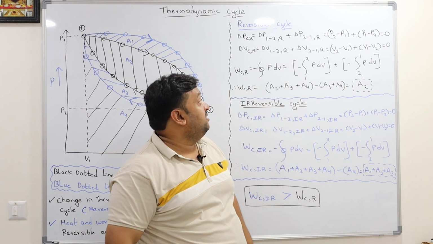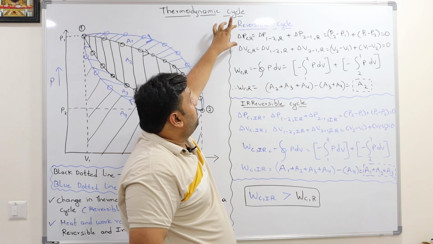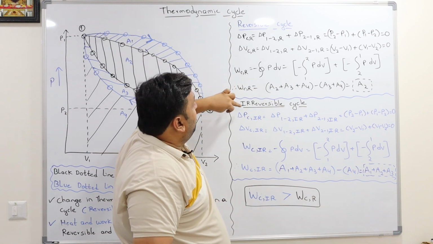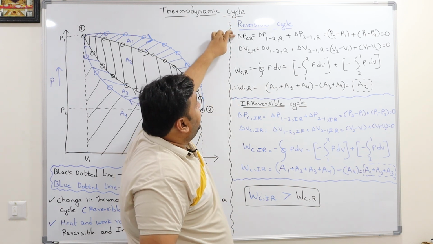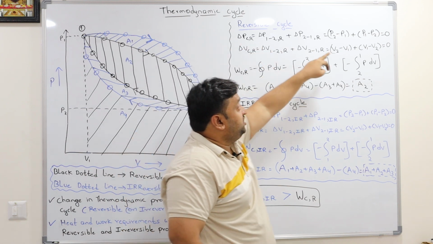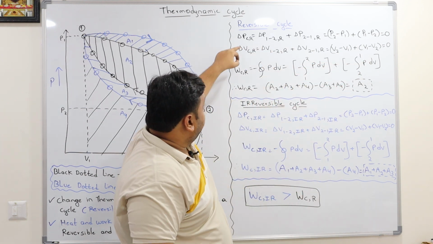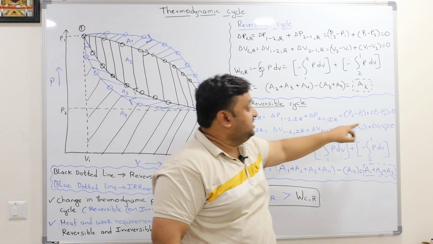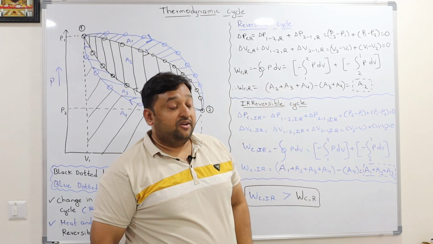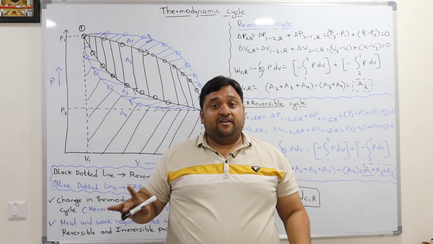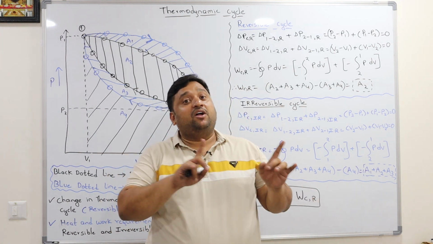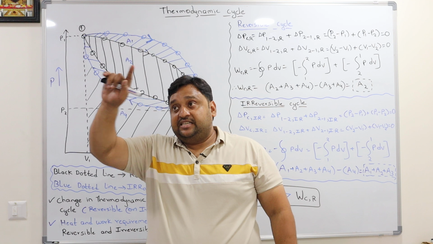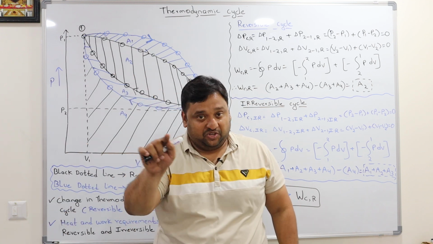What you observed here is that whether you're talking about the property in a reversible cycle or irreversible cycle, the change in pressure and change in volume are 0. This proves that whether it is a reversible cycle or irreversible cycle, the change in property in a cycle is 0.